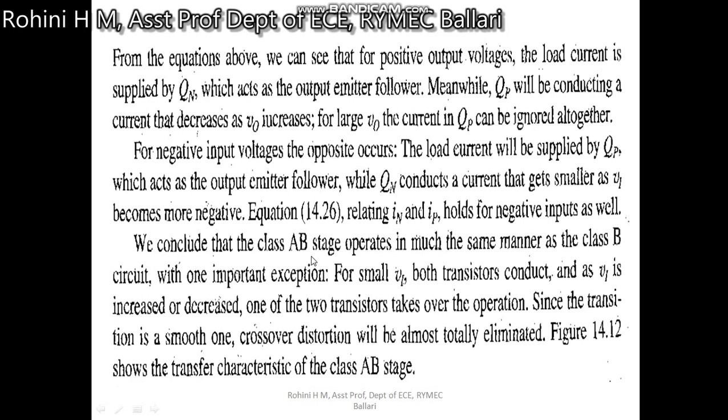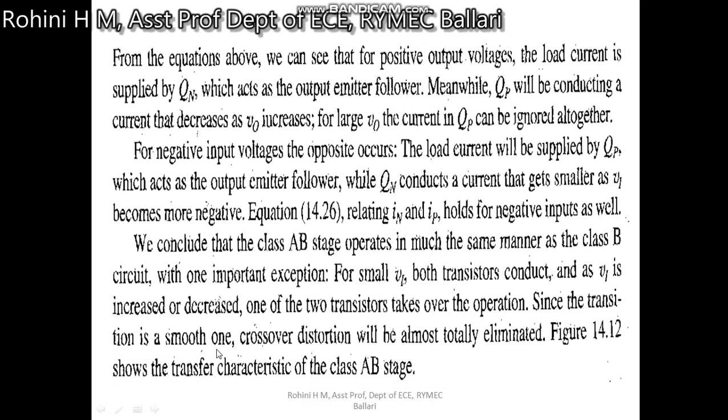So the conclusion is that the AB stage operates in much the same manner as a class B amplifier, since the circuit is also the same, with one important exception, that is, for small input voltage both transistors are conducting. When Vi is increased or decreased, one of the two transistors takes over the operation.